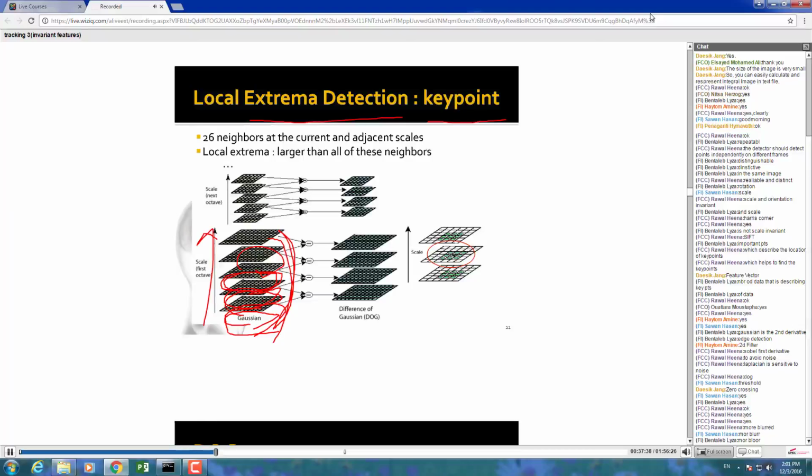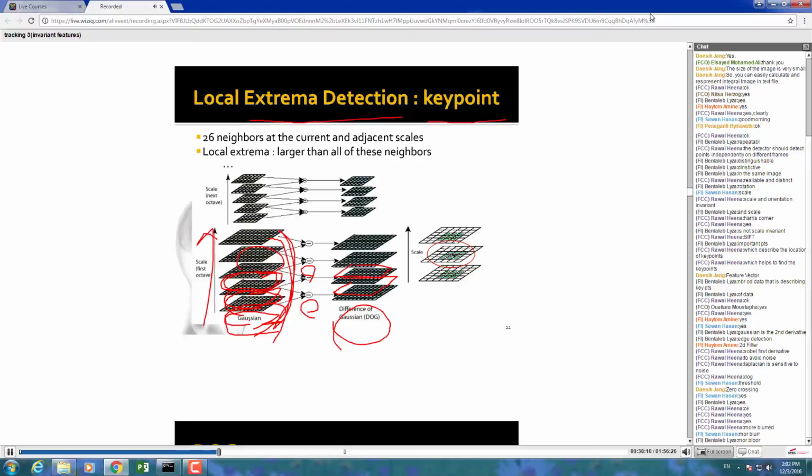In terms of DOG, now we have different levels of Gaussians. By subtracting the first one from the second one, we get a DOG image. Between the second and third one, we get another DOG image. From the third and fourth one, we get another DOG image, and so on.